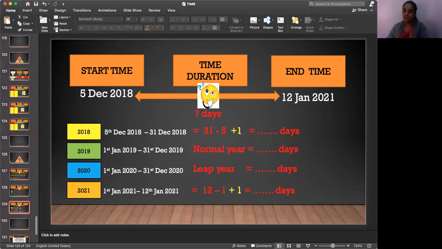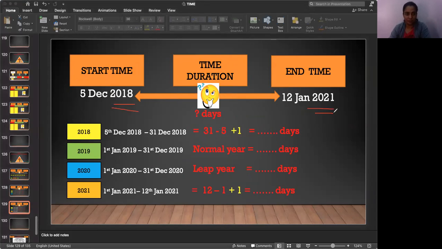And this one is a little bit more complicated because now it includes years. As you can see, from 5th December 2018, again, this is a start time. The end time was 12th January 2021. So what is the question asking us to do? It's asking us to find how many days there were from 5th December until 12th January.